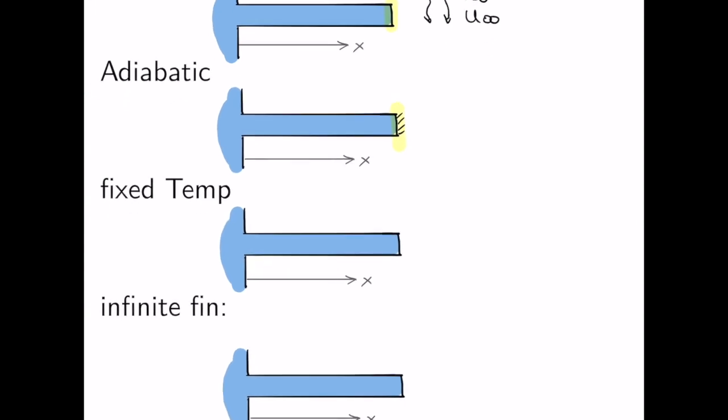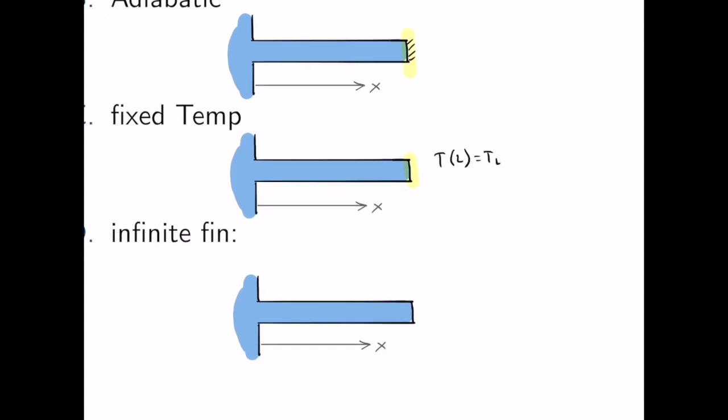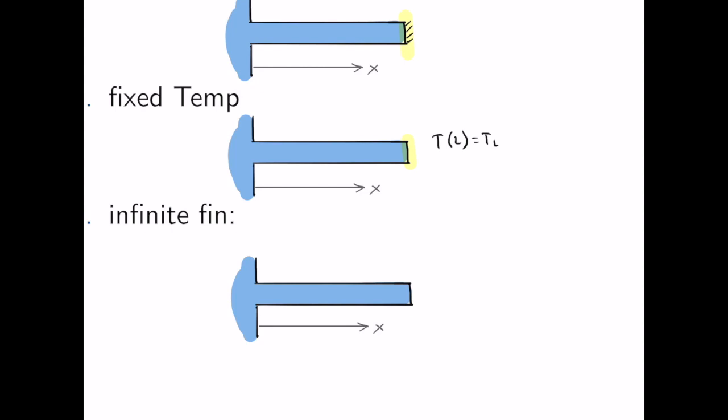Then fixed or prescribed temperature: we know the temperature here, so we say T of L equal to T_L. And infinite fin: in the last case we assume that the fin is very, very long, so long that we can assume that the temperature at the end is equal to T infinity.